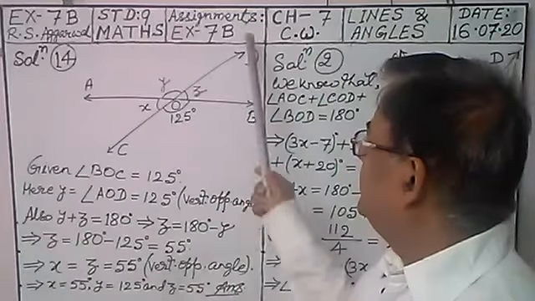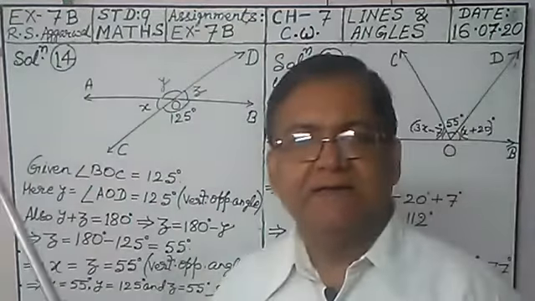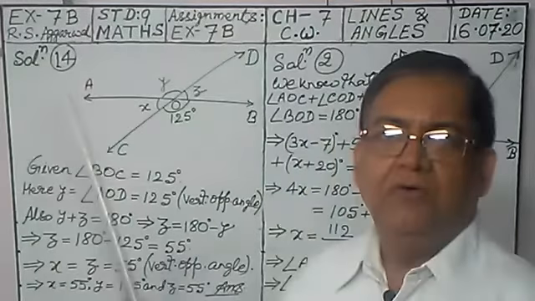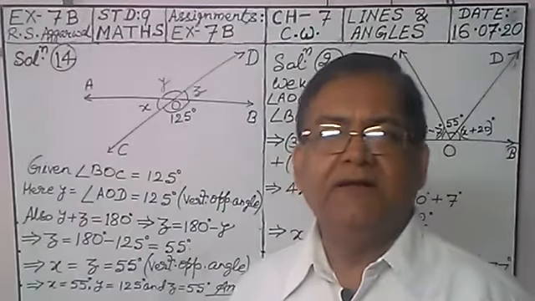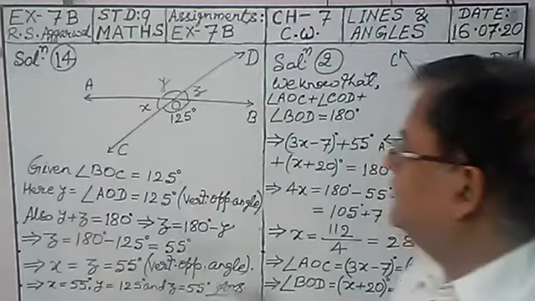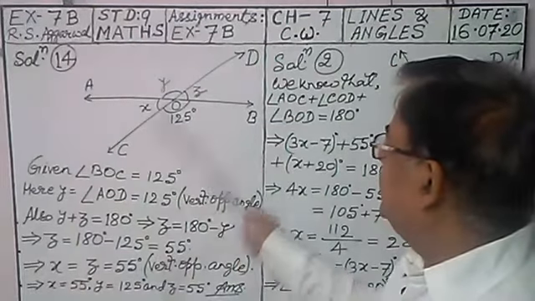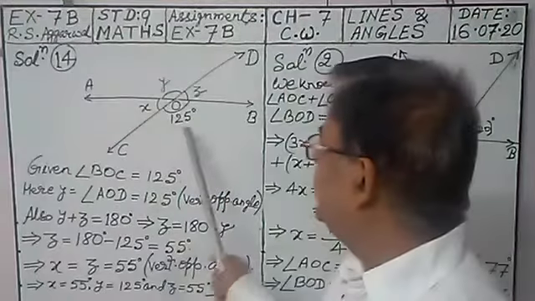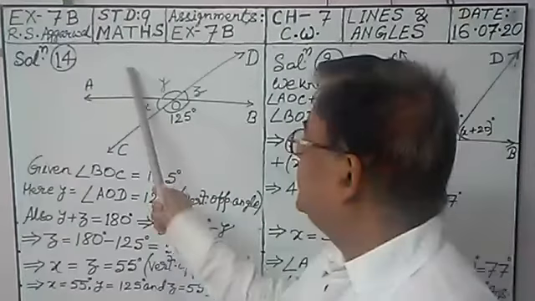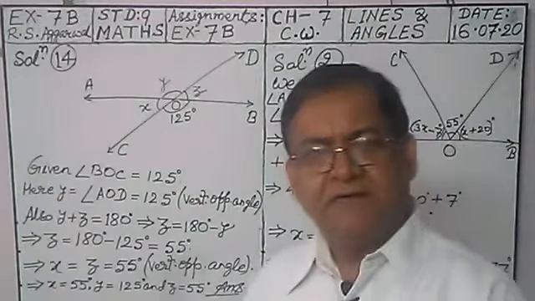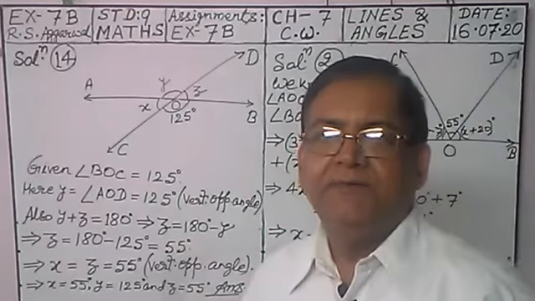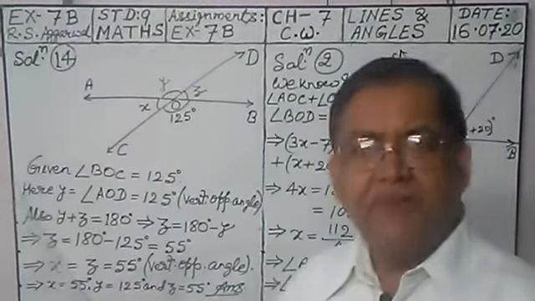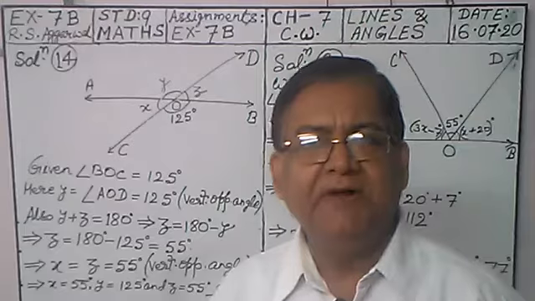See here, these two lines are intersecting at O, so vertically opposite angles will be equal. For the angle COB, which angle is the vertically opposite angle? See here, this Y is vertically opposite. It means the value of Y is 125 degrees.